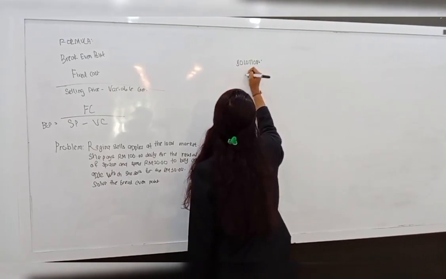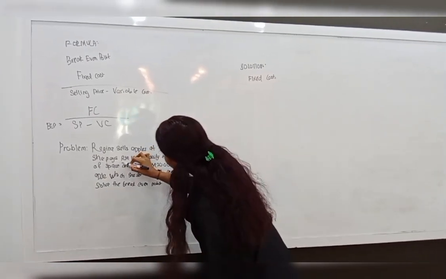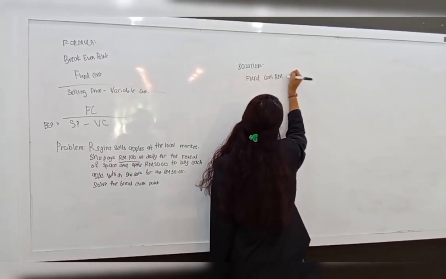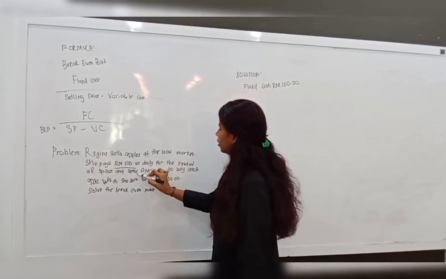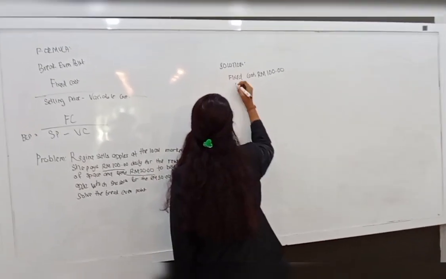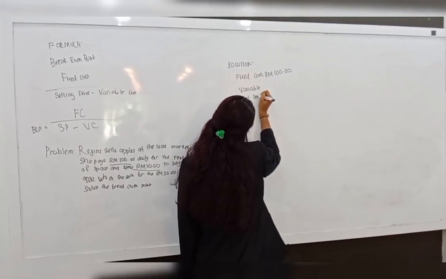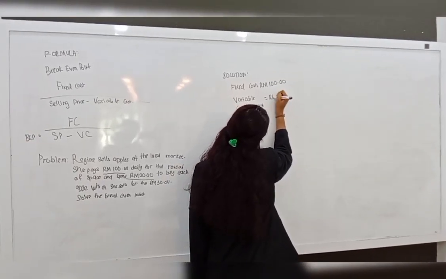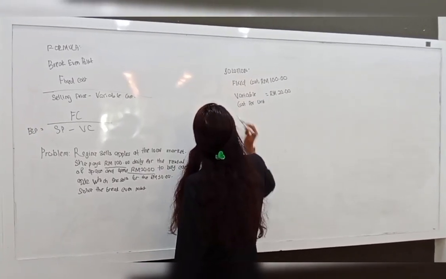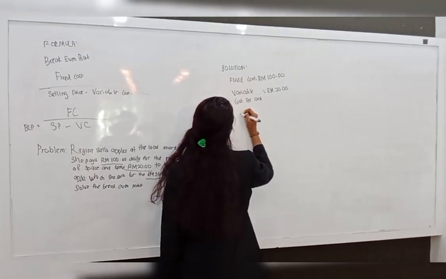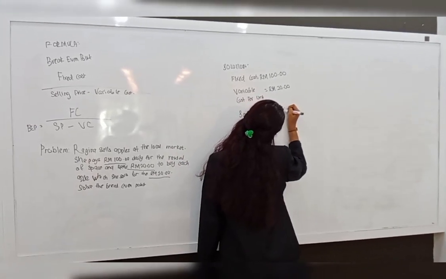Which is fixed cost RM 100, and then variable cost per unit 20 ringgit, and then selling price in this market is 30 ringgit.